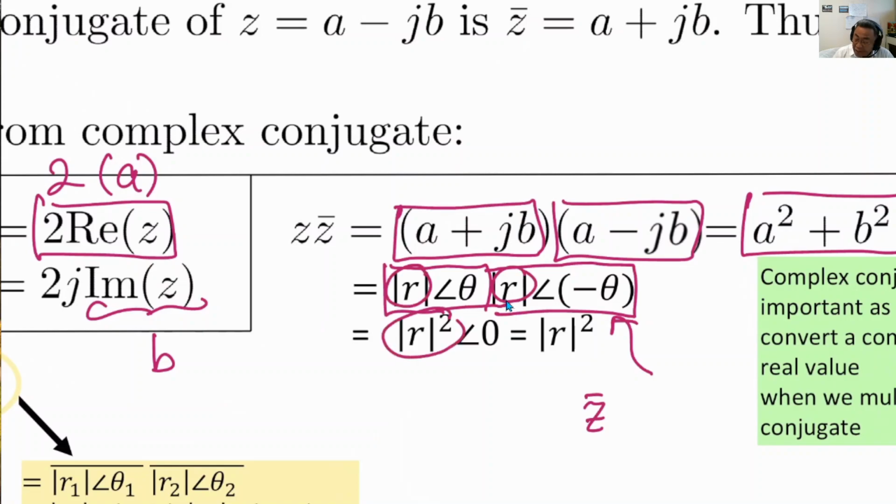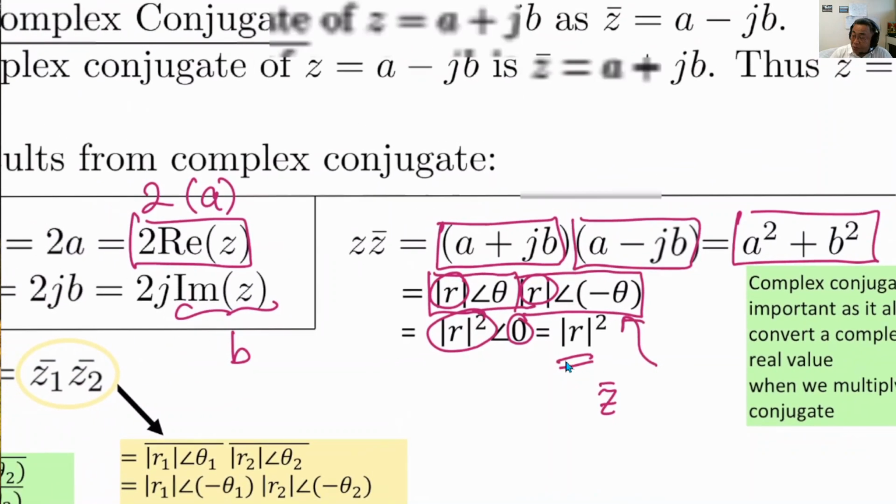So we have r modulus squared, and theta will add. But since theta adds with minus theta, it becomes 0. So basically, this converts two complex numbers into a real number, because there is no imaginary part. So what is r squared? R squared is simply a squared plus b squared, as we know from the Pythagoras theorem.